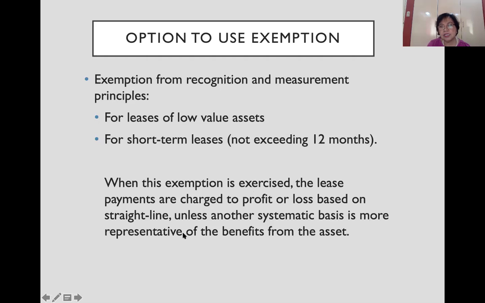Then divide it over 12, that will be your rental expense per month over your lease term. Whatever is the difference between your accumulated payment and your accumulated rent expense is recorded either as prepaid rent or rent payable in the statement of financial position.